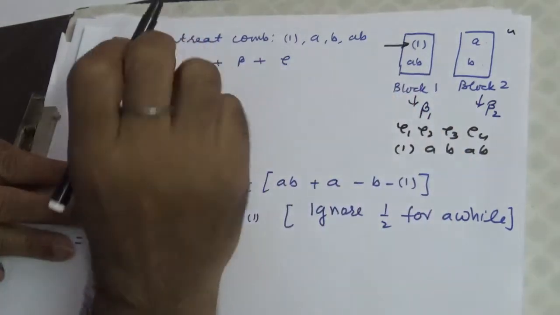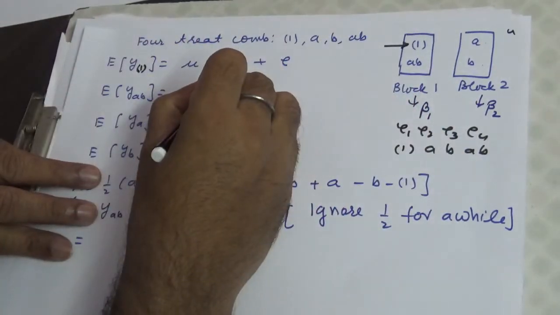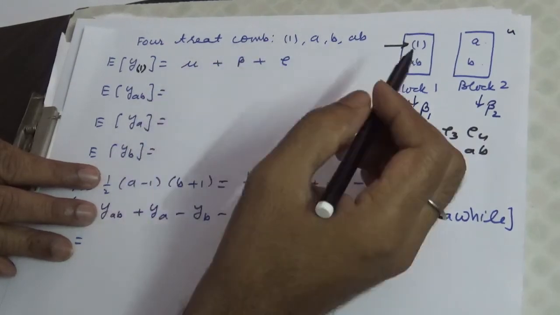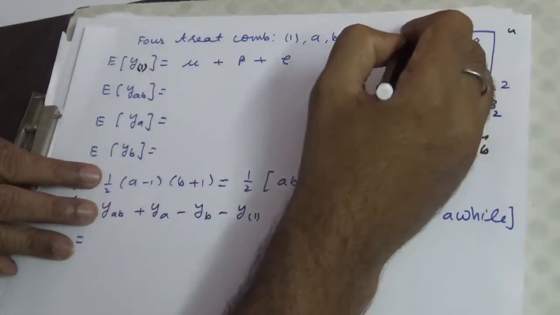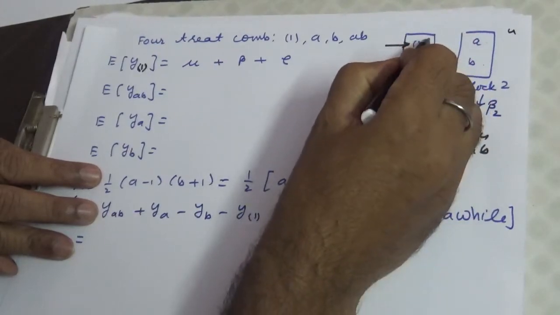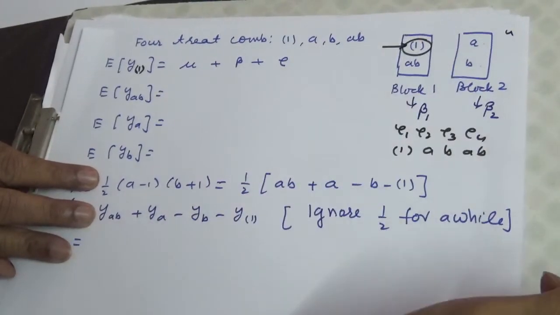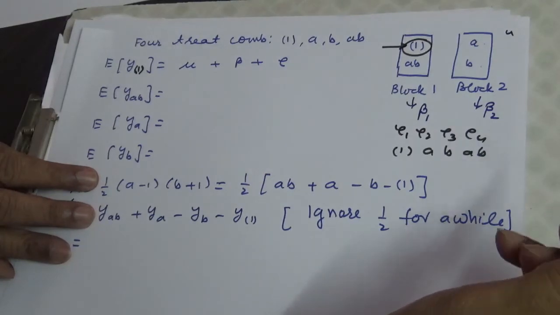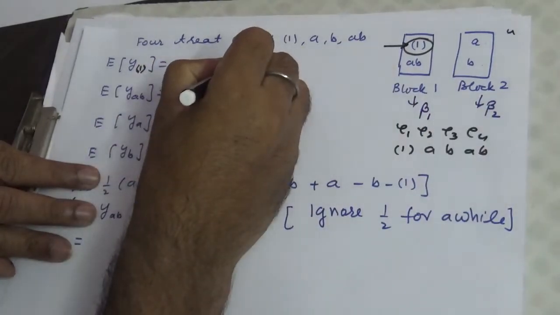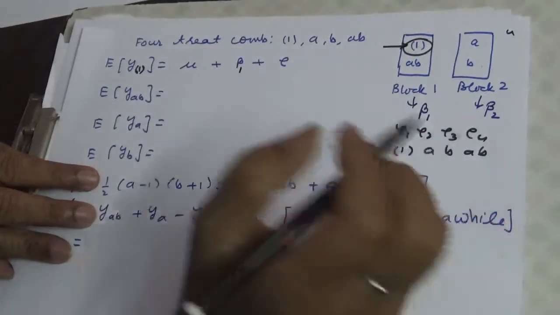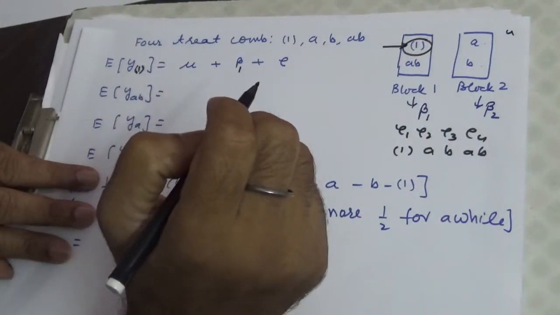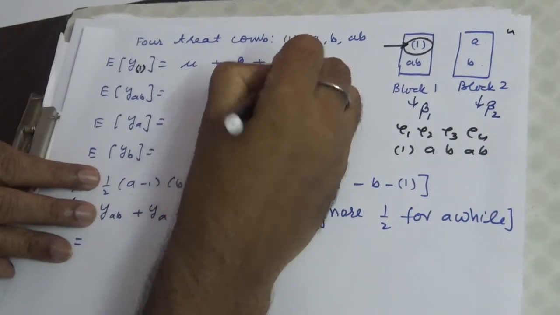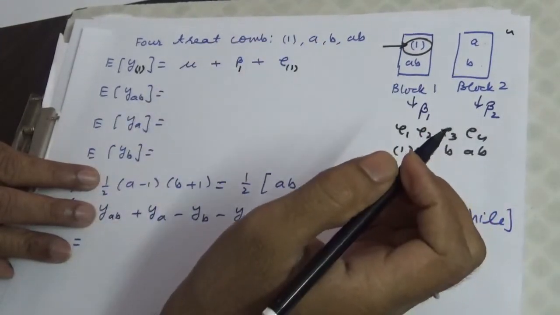So mu will remain as mu. For this block effect beta, I have 2 choices, beta 1 and beta 2. Now if you look here, this 1 is occurring in block number 1, which has effect beta 1. So this beta will be beta 1. And what is tau here? Tau here is essentially tau 1. So this is the treatment effect.